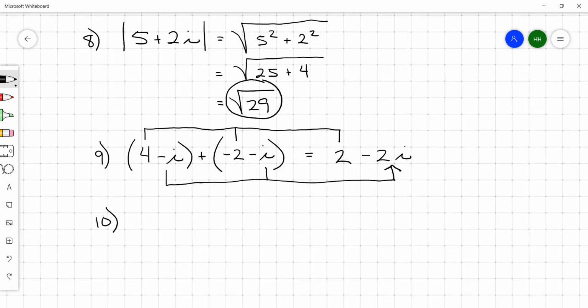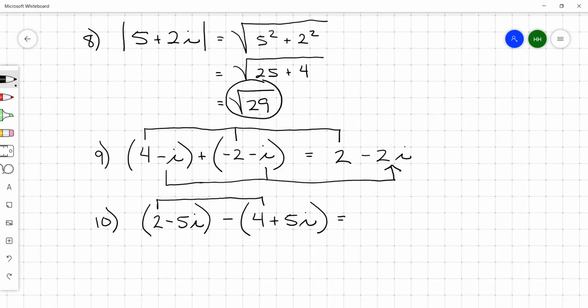And number 10, 2 minus 5i minus 4 plus 5i. Be careful, this is subtraction. Look what you got here. You got 2 minus 4, that's negative 2.